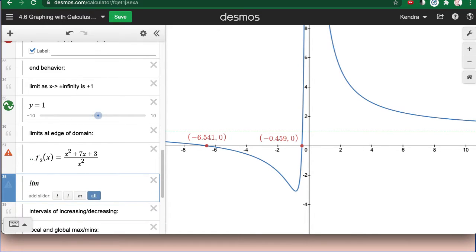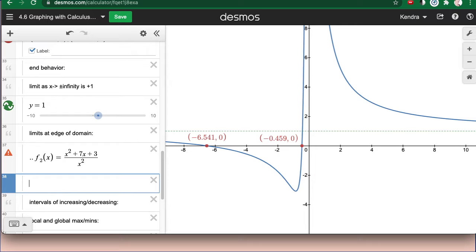So the limit as x approaches 0 from the left and right is positive infinity. Okay, great.